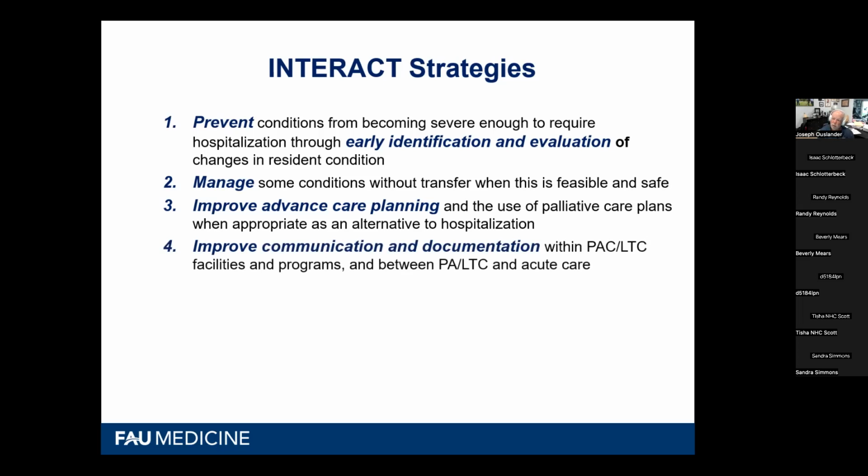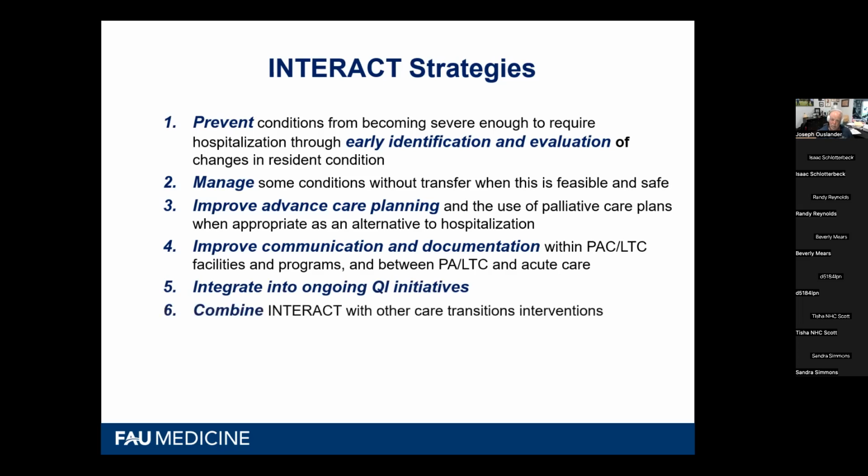The fourth strategy is to improve communication and documentation. That means within the facility as well as between the facility and hospitals and home care programs. The program has to be part of ongoing QI initiatives. It can't be separate. Whatever quality improvement programs you have going on, it has to be one of those programs given some priority.